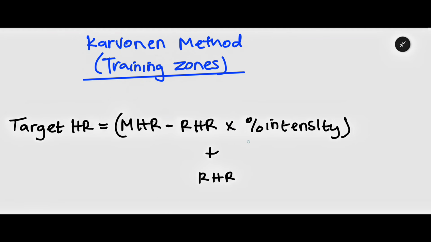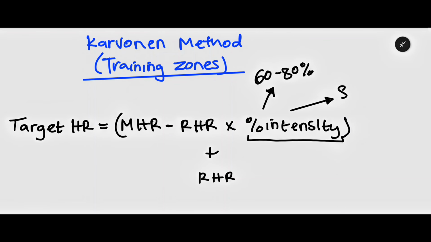Percentage intensity depends on the training zone. Usually if you're working in an aerobic training zone, you'll be working at 60 to 80% of your maximum heart rate, and anaerobic is around 80 to 95% of your maximum heart rate.